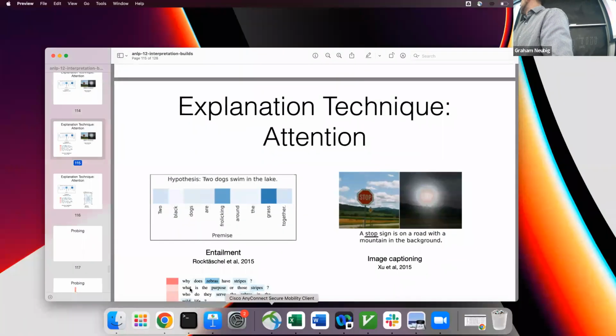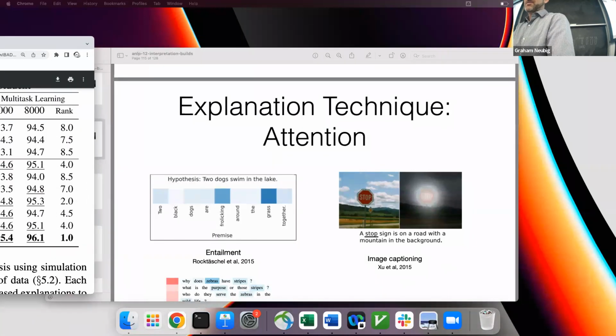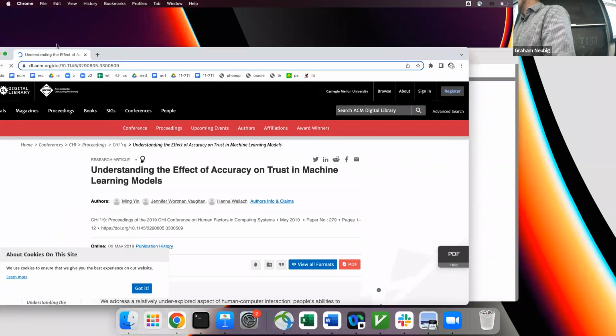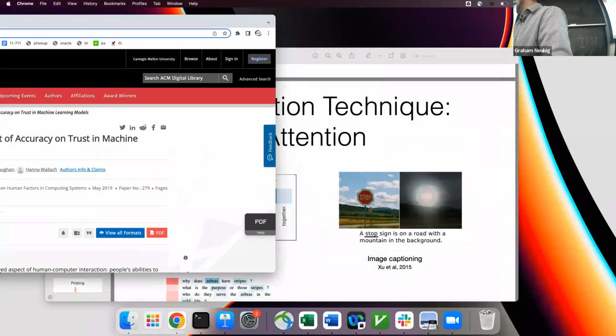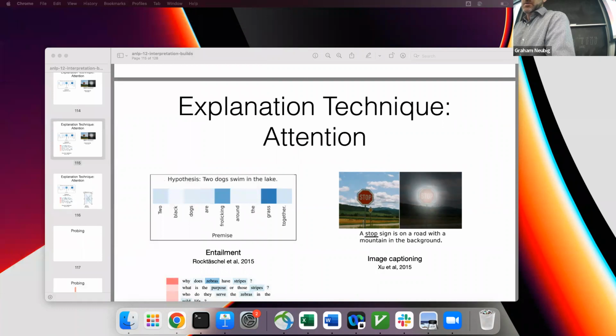counterintuitive result. Let me see if I can find this. It's called something like understanding the effect of accuracy on trust in machine learning models, I think. No, actually, sorry, that's not it. But I'm pretty sure it's a paper by Hannah Wallach, who is also the author of that paper.